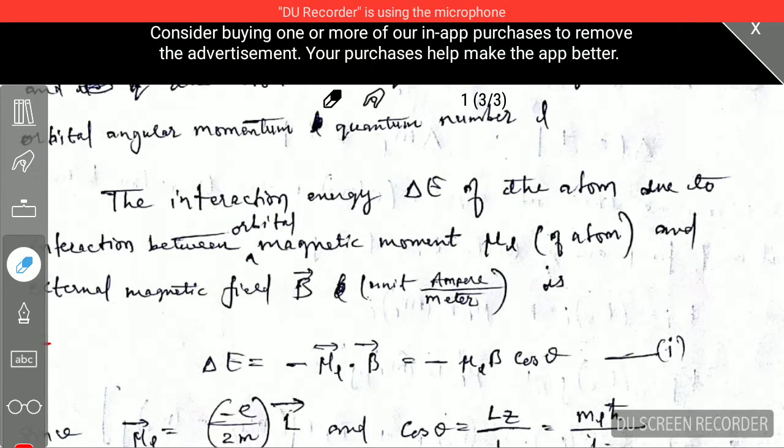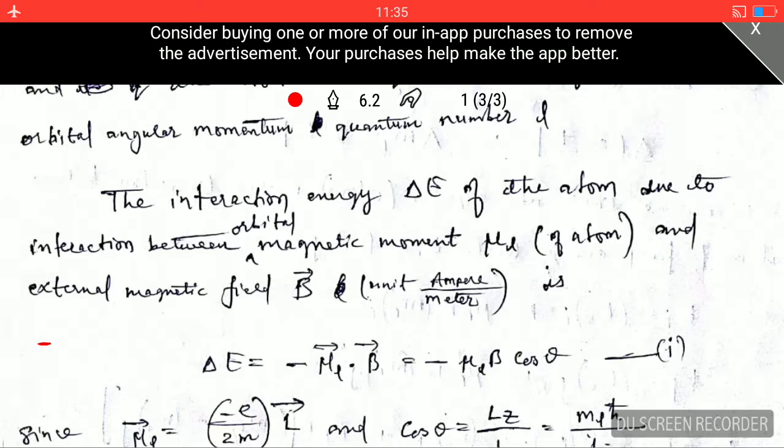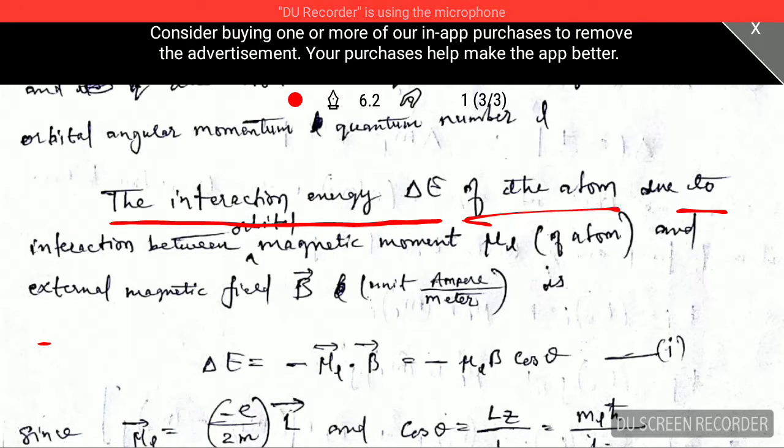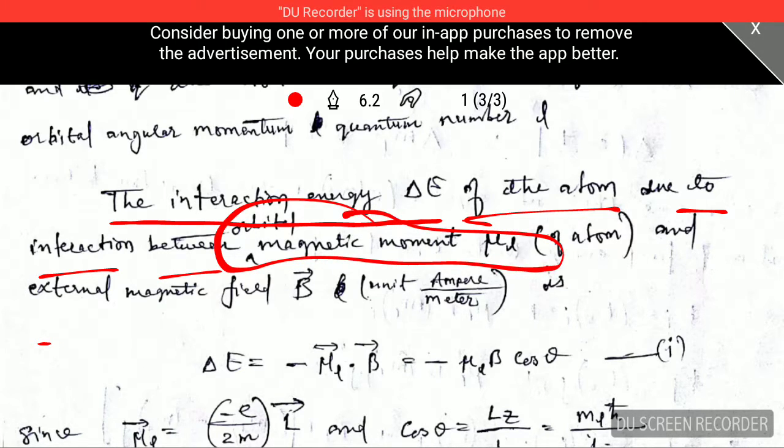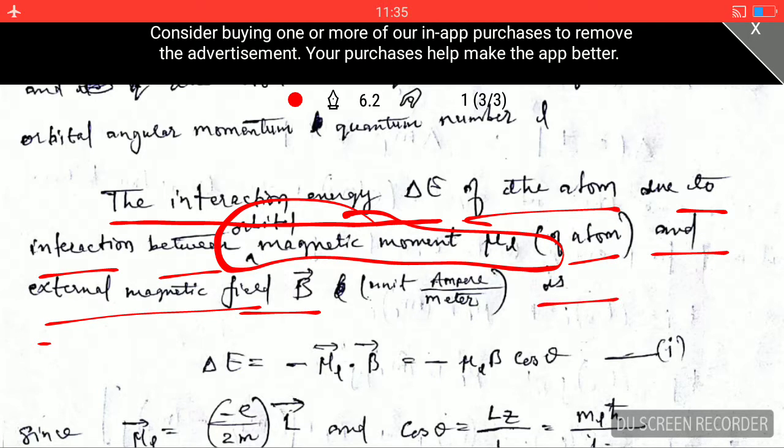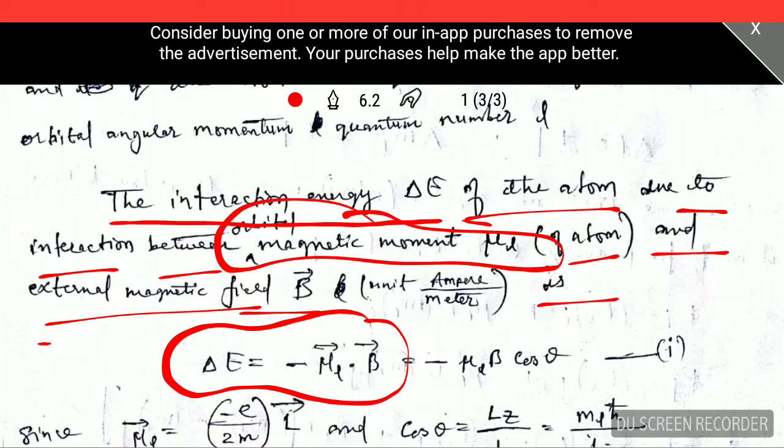So the interaction energy delta E of the atom, due to the interaction between the orbital magnetic moment mu L of the atom and the external magnetic field B, is this much.